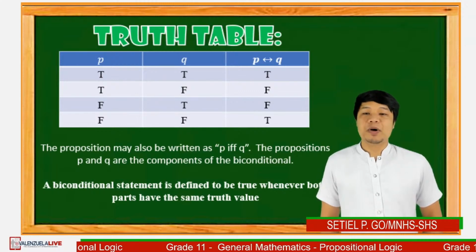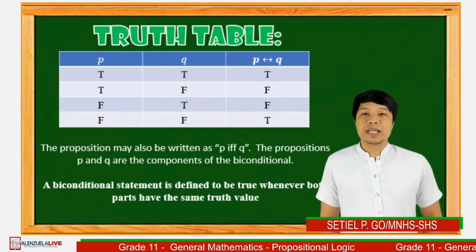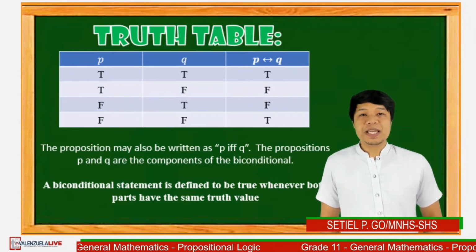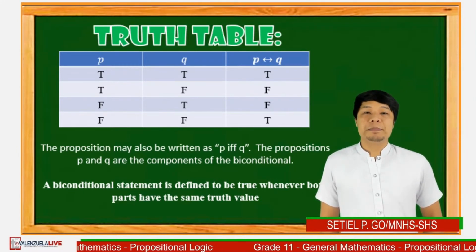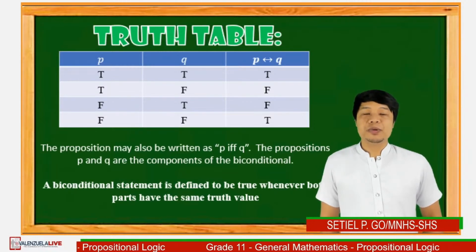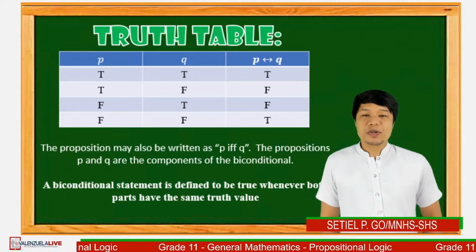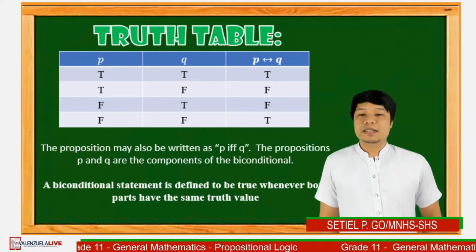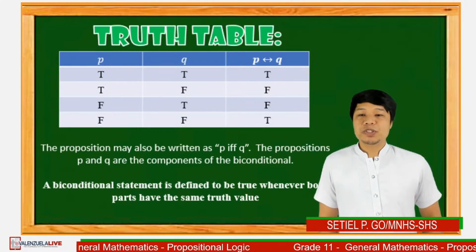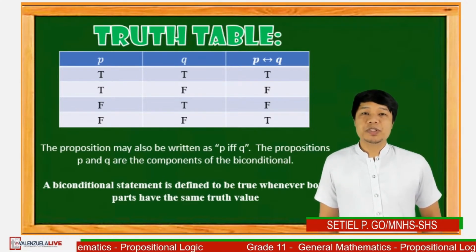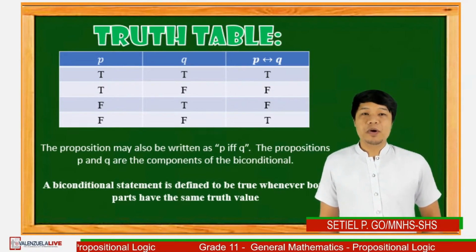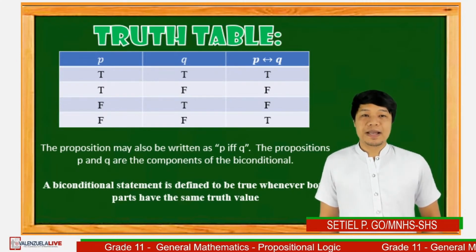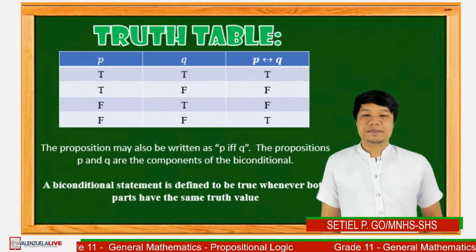As you can see in the table, the first row consists of two true values for P and Q, therefore the biconditional of P and Q is true. And also on the last row, where P is false and Q is also false, the biconditional of P and Q is true. The rest will be false.